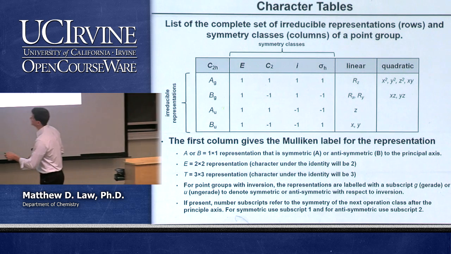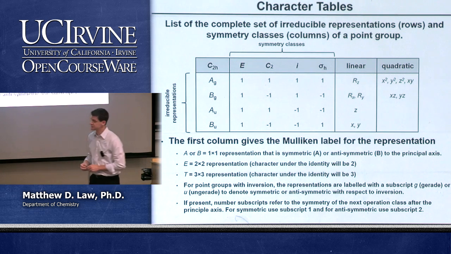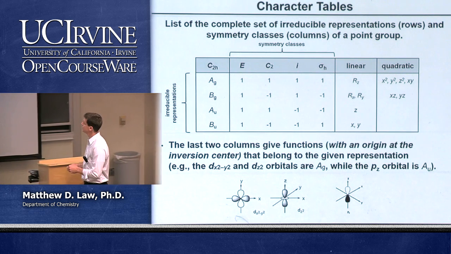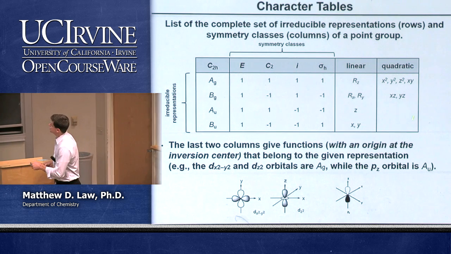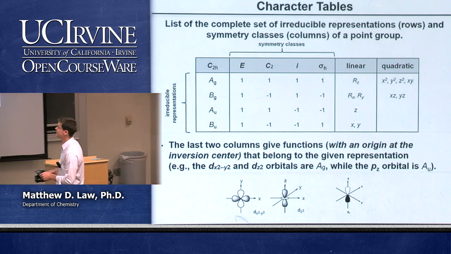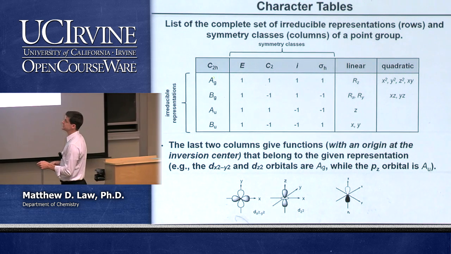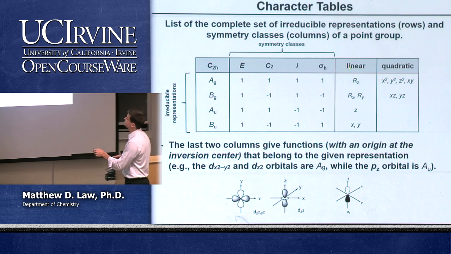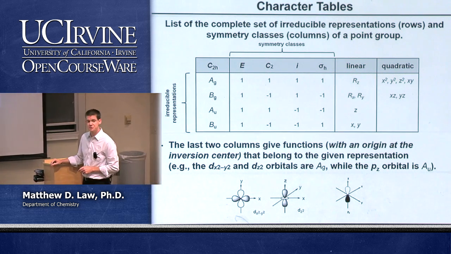Okay, so we understand a little bit about the Mulliken symbols that are used for the irreducible representations. What about these last two columns here? These last two columns indicate functions that have the same symmetry as these respective irreducible representations. The first column are linear functions or rotational functions.